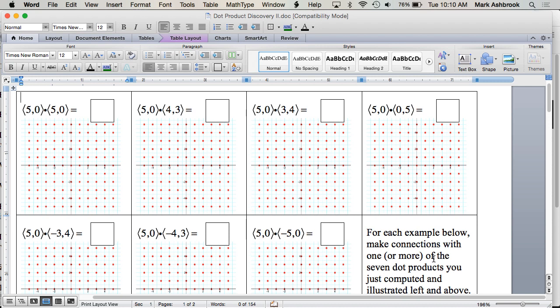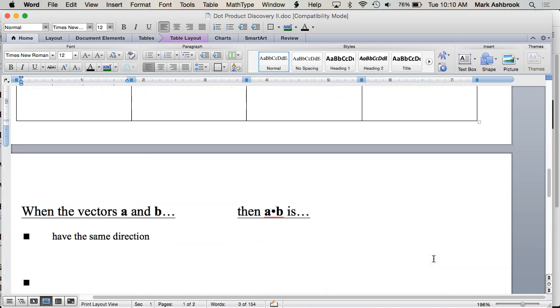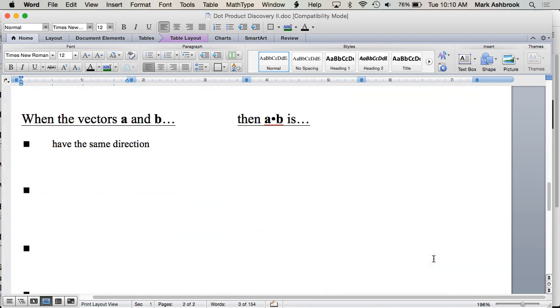Other observations. These are all good; you guys are getting on the right track. So when vectors A and B have the same direction, then what's the dot product? Positive. More specifically? Max. More specifically?